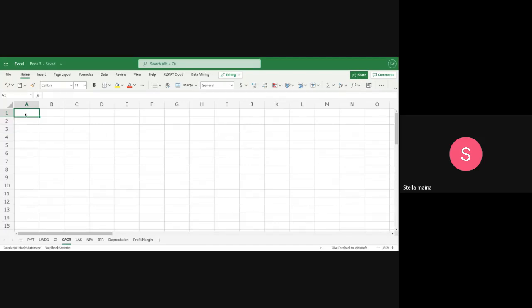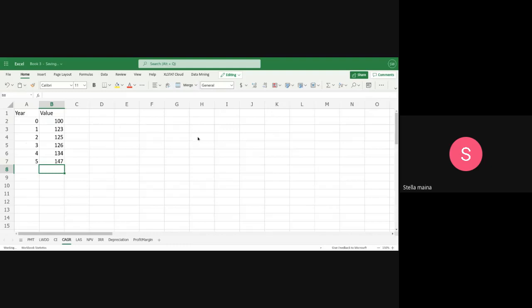We're going to start with the year, and then we'll have the value. So the years are going to be 0, 1, 2, 3, 4, 5, and then the values are going to be 100, 123, 125, 126, 134, 147.